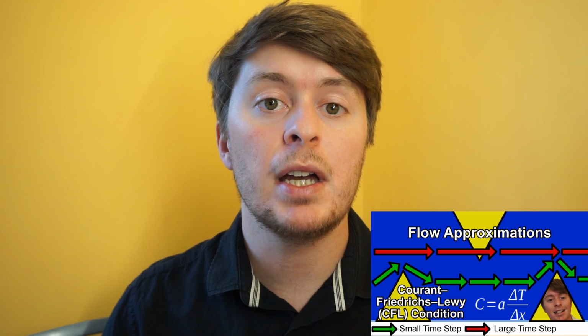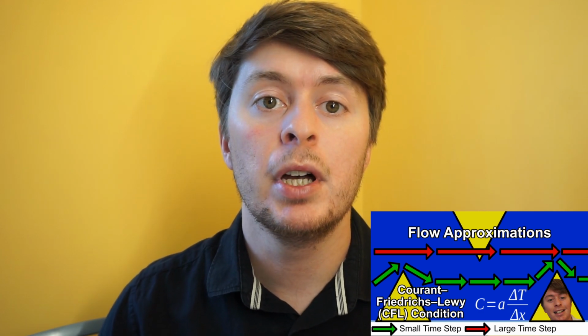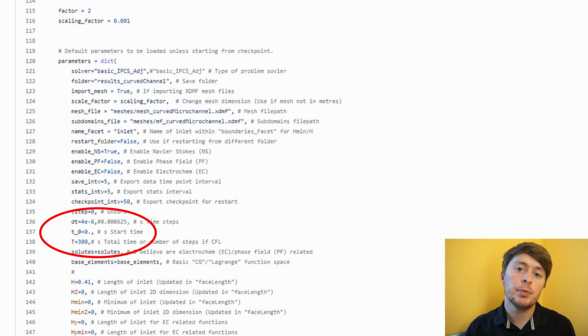And again, more can be read in a previous video I've done before. So in this software, we just want to put a dummy time step in. In this case, we just put 4e⁻⁶ for seconds. We set the start time as 0, so that's just when we'll start. That doesn't need to be changed. And we set t to 300. So that isn't 300 seconds, that is 300 steps, which it will calculate based on that CFL condition I mentioned before.